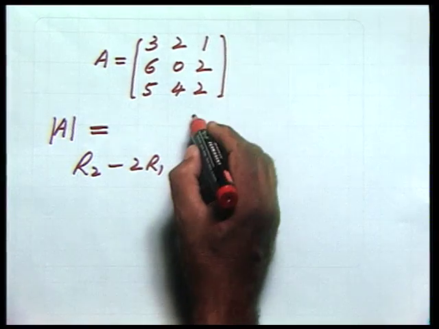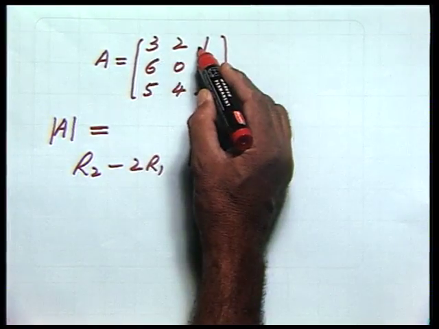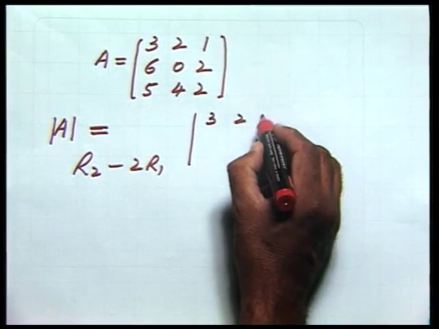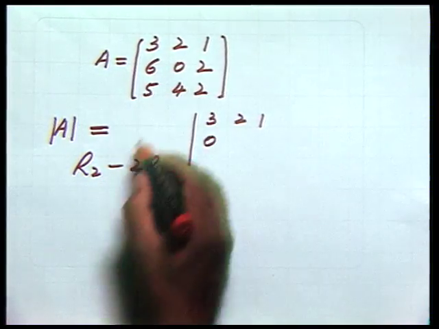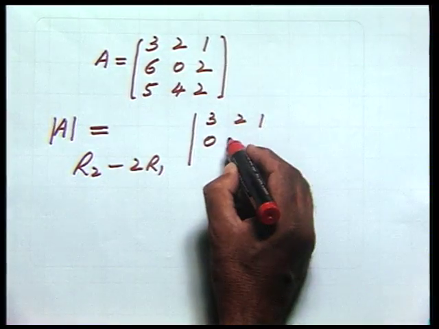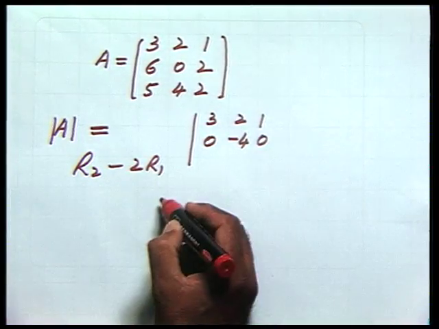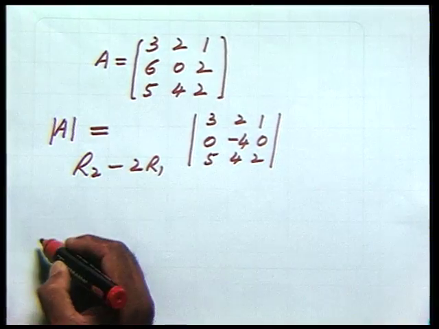So, what do I write? This determinant will become, this we are not changing, we are only changing this. So, I put down 3 2 1, double of this subtracted from this is 0, double of this subtracted from this is minus 4, double of this subtracted from this is 0, and 5 4 2 unchanged.